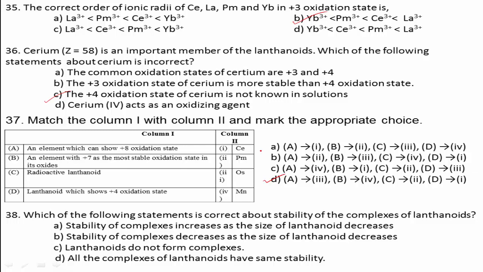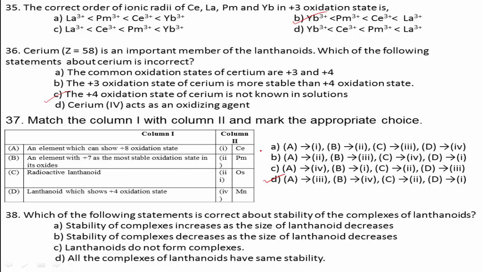Students, as the size of lanthanoid decreases, stability of complex increases, because as the size decreases, covalent character increases. From lanthanum to lutetium, size decreases, and stability of oxo salts also decreases.